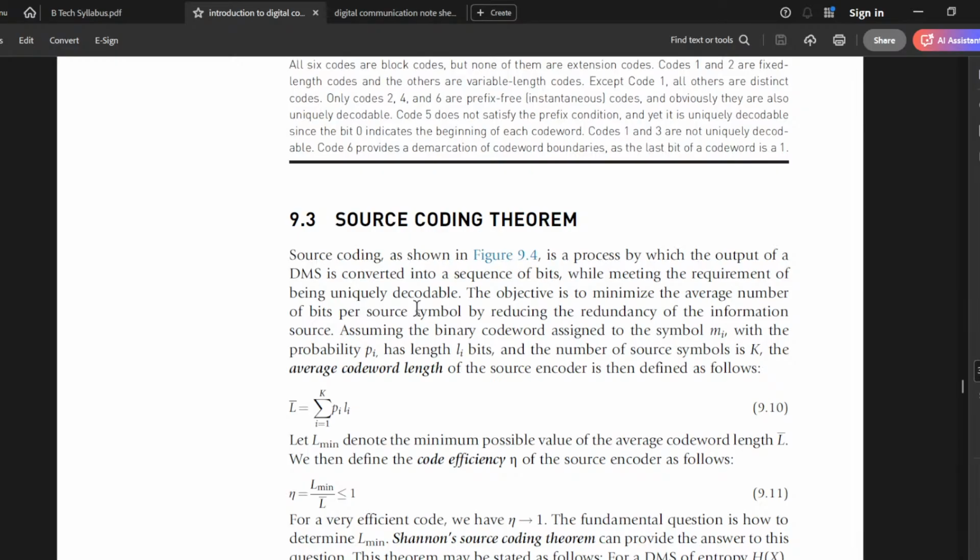Source coding is a process by which the output of a DMS is converted into a sequence of bits, while meeting the requirement of being uniquely decodable.